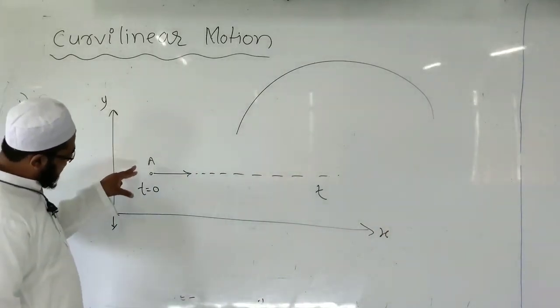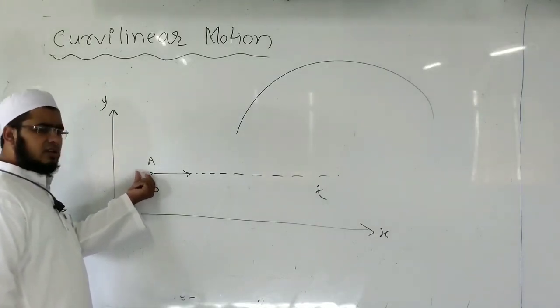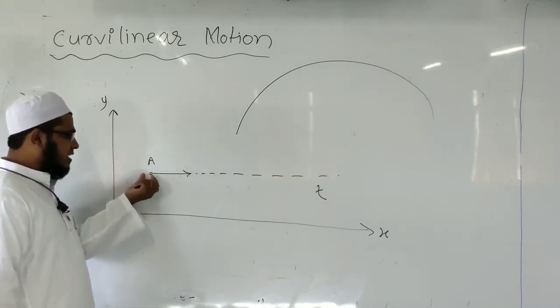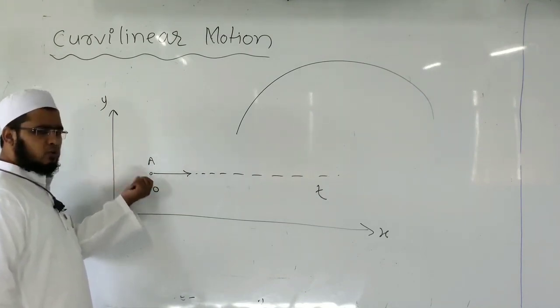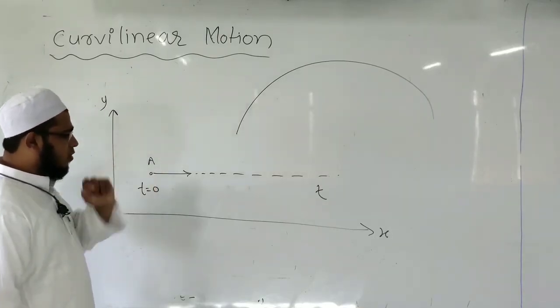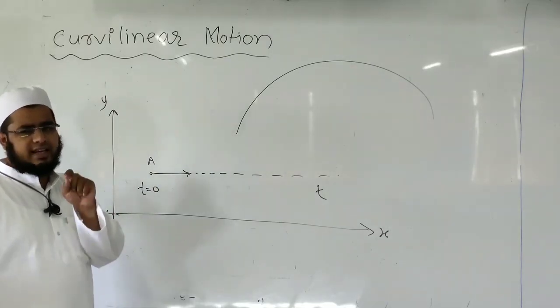So you can see that the particle is moving along its line, moving rightward, and the coordinates at all the points are changing only for x.